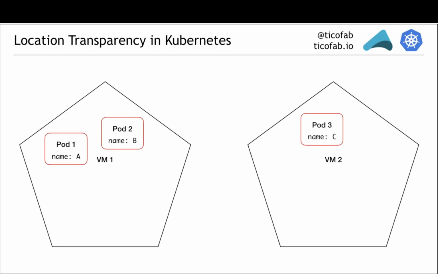And for our talk, a pod contains a Docker image. So in our case, each pod contains a JVM. And the thing is that these pods have labels. So in our case, pod 1 is labeled name A, or pod 2 is labeled name B.